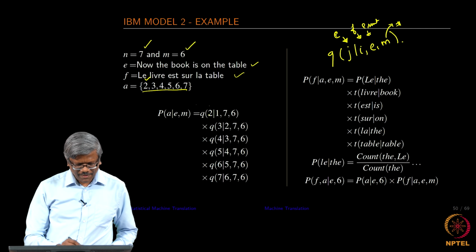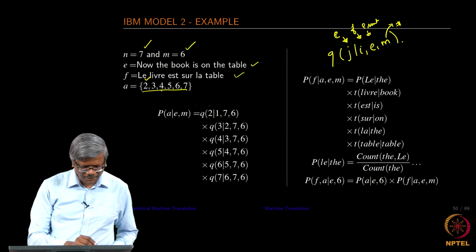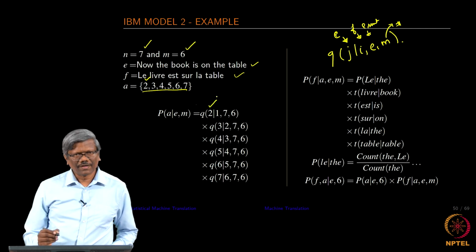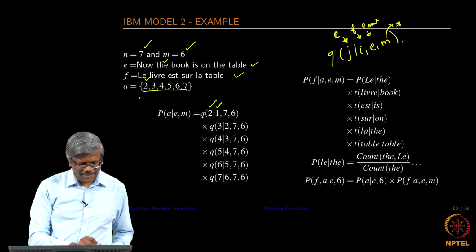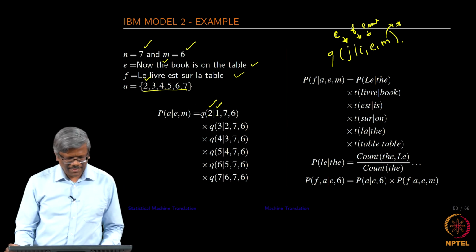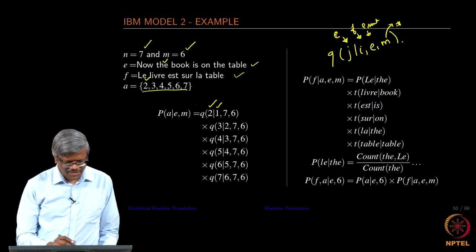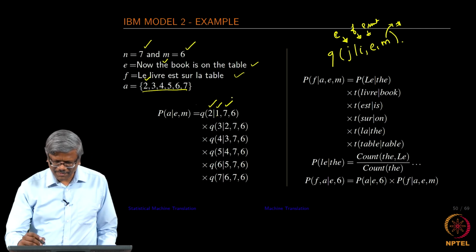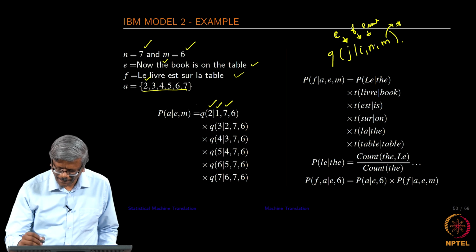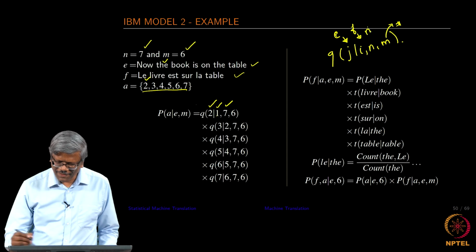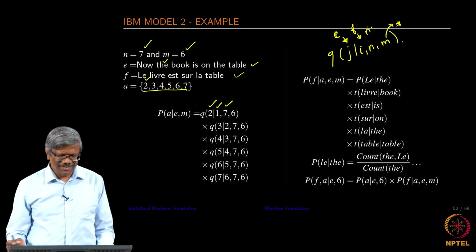The alignment probability for that variable can be computed using the second word that we are looking at here, and then this is the first word in French. Okay, so this one is aligned to the second word in English, and then the number of words, sorry, this should be n, the number of words in English. I am sorry about that.